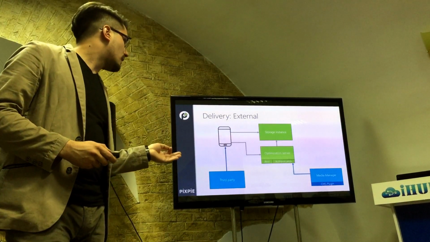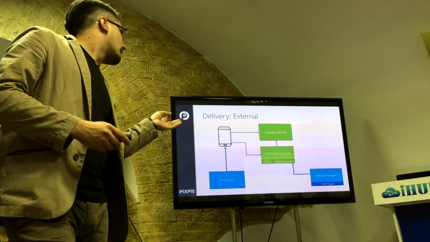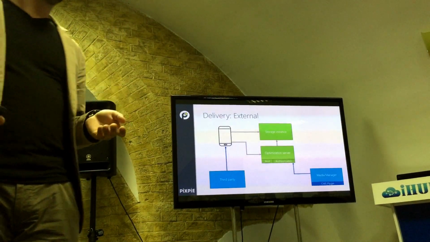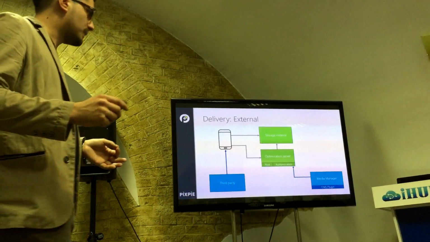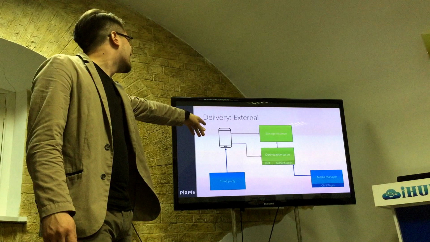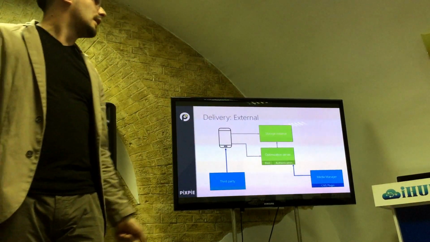Another way is when your content editors upload some media content from a CMS plugin like WordPress, Joomla, Adobe Experience Manager, whatever. And this stuff should be processed through the optimization server and go to your storage instance.